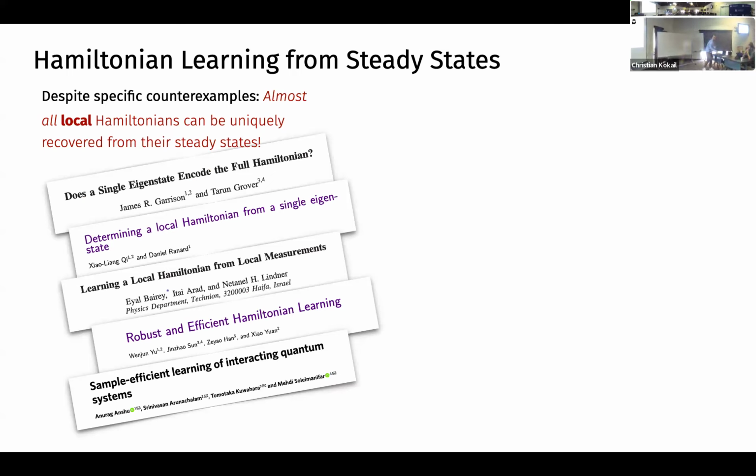Actually, the argument of the first paper, why a single eigenstate includes the Hamiltonian, was the following. Remember the last statement that I made in the last talk.